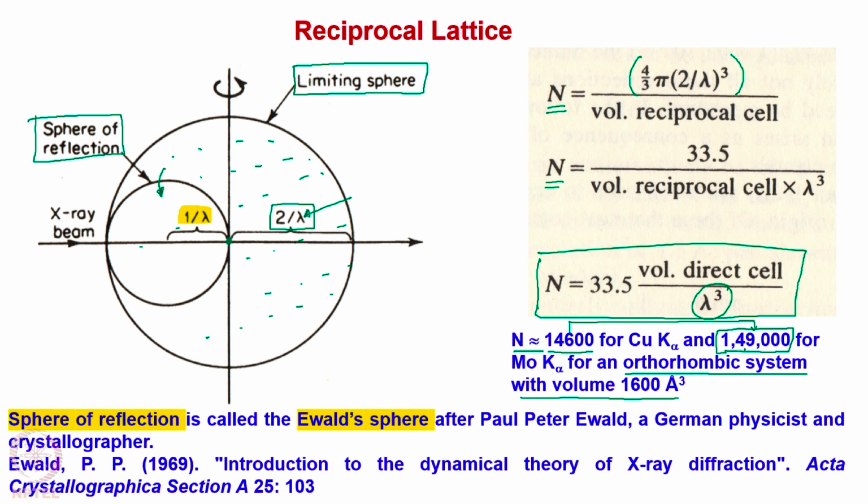That means by using a smaller wavelength, one can achieve a larger number of reciprocal lattice points, and that means one can achieve a much higher resolution.